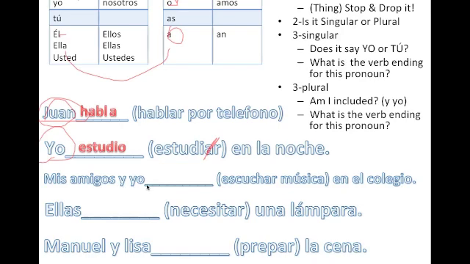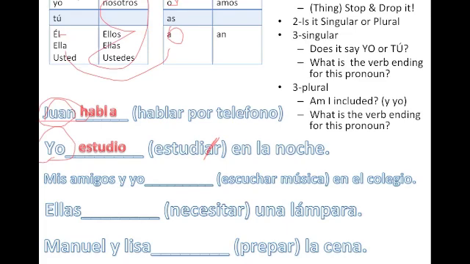Mis amigos y yo. What is the action that we're doing? Escuchar música. Who is the subject? Or who is doing the action is a better question to ask yourself. Who's doing the action? Mis amigos y yo. Okay, where's that on the chart? Well, first of all, I see mis amigos. I know that's plural. And then it has y yo. So I have to be on the plural side of the chart, right? It's going to be between these two.